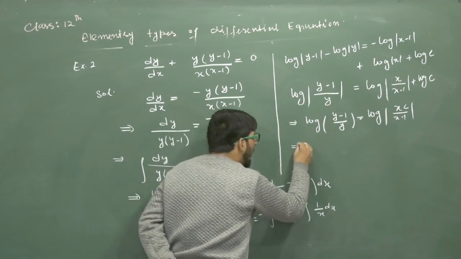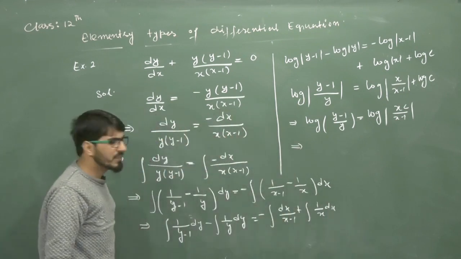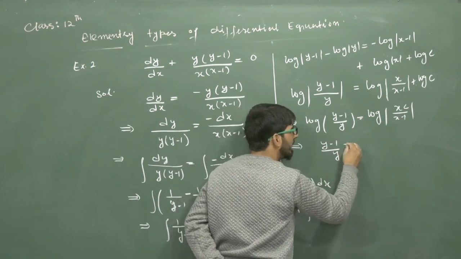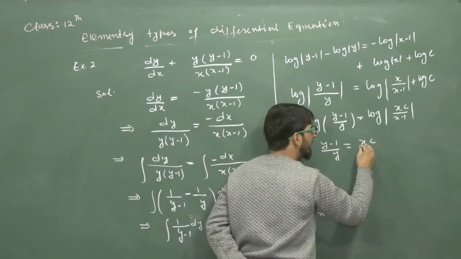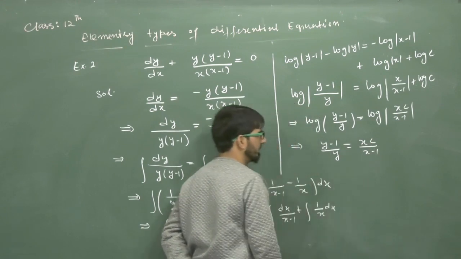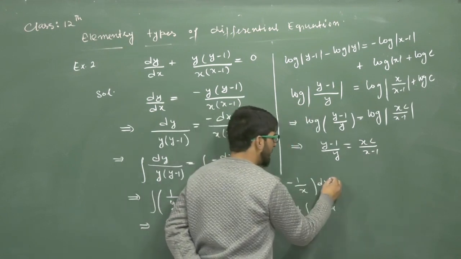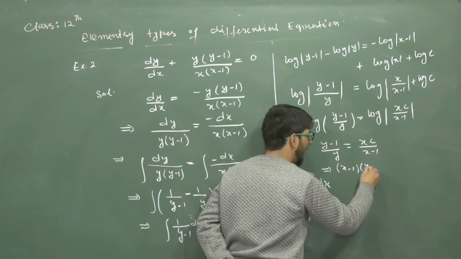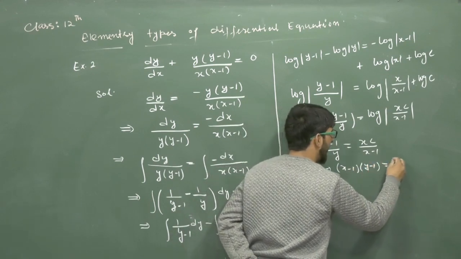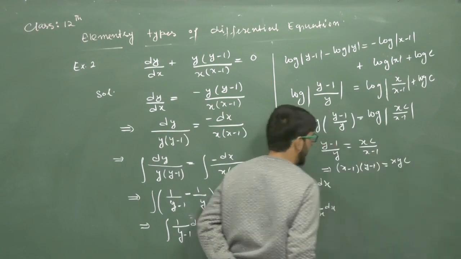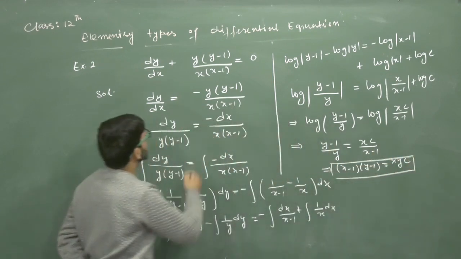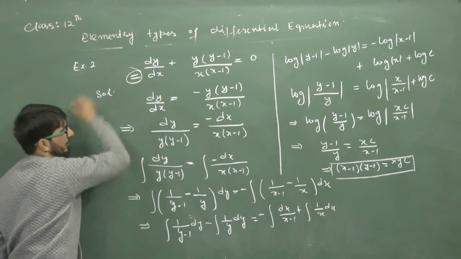So taking anti-log on both sides, we get here (y - 1) divided by y is equal to xc divided by (x - 1). So which implies (x - 1)(y - 1) = xyc will be the general solution for this differential equation.